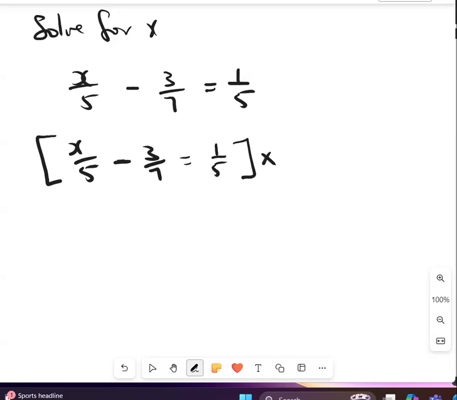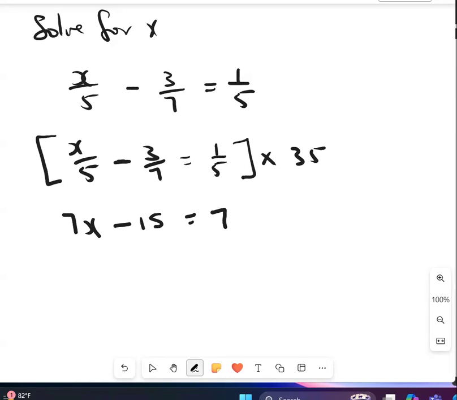Multiply everything by the LCM of 5 and 7, which is 35. If we do that, 35 by this here will become 7x, minus 7 by 5 will give us 15, and 1 over 5 by 35 will give us 7. Now it resembles something we were dealing with.